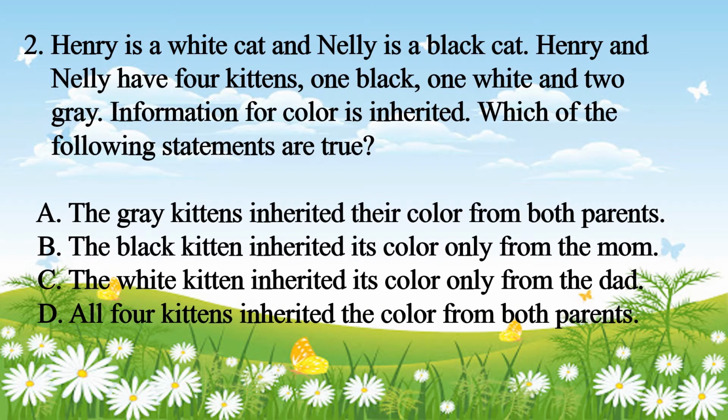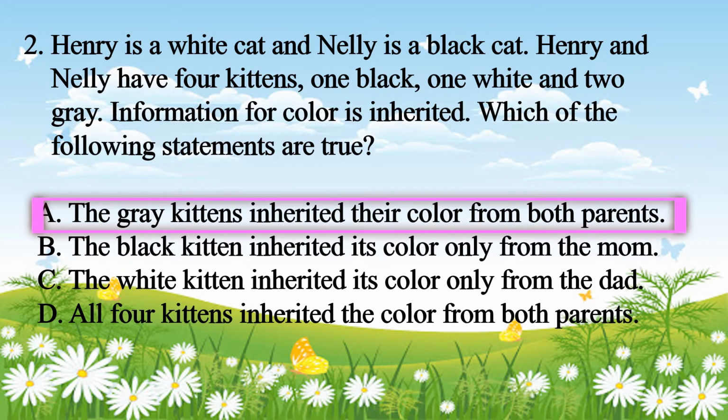Number 2. Henry is a white cat and Nellie is a black cat. Henry and Nellie have 4 kittens. 1 black, 1 white, and 2 gray. Information for color is inherited. Which of the following statements are true?